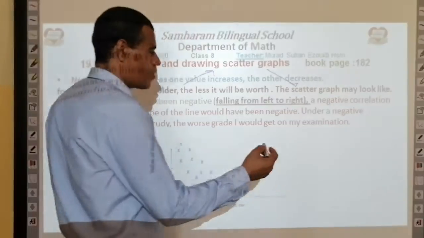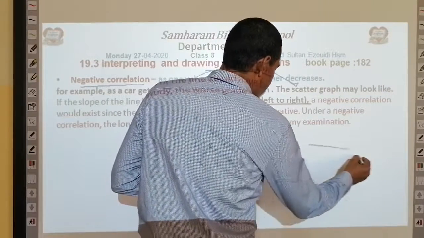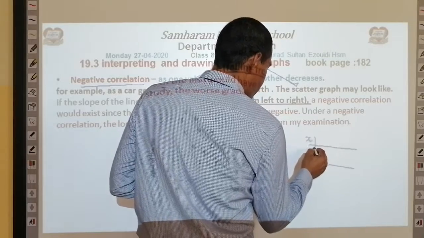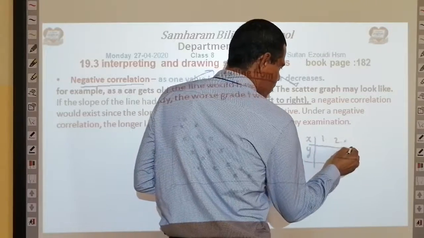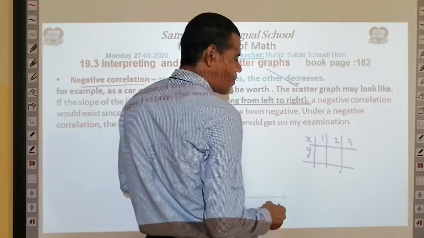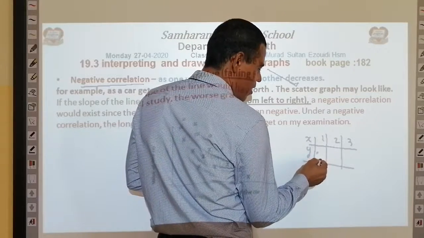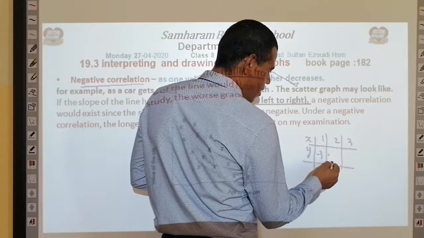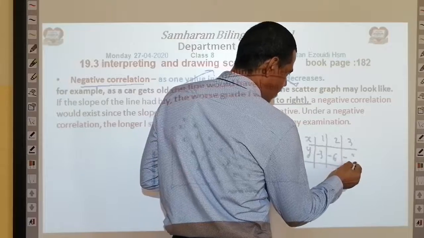I will give an example. Okay, this is x, this is y. For example, this is 1, 2, 3. When x equals 1, y equals negative 3. When x equals 2, y equals negative 6. When x equals 3, y equals negative 9.